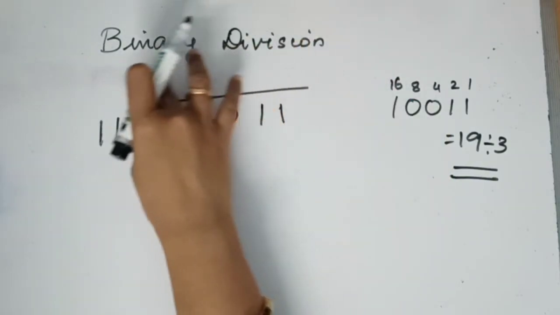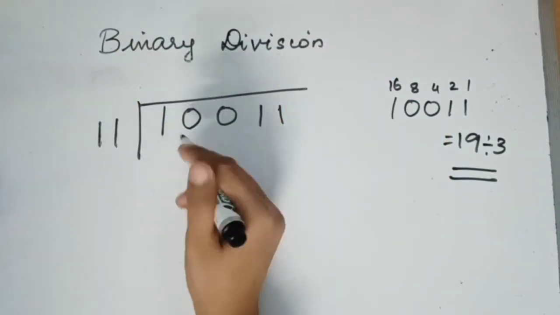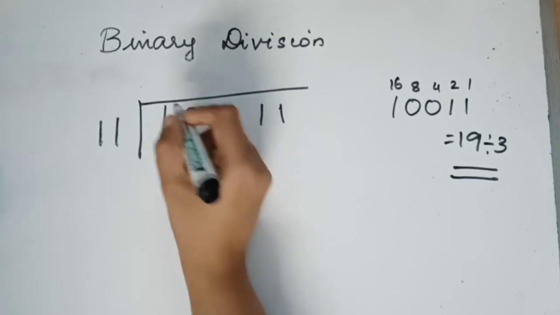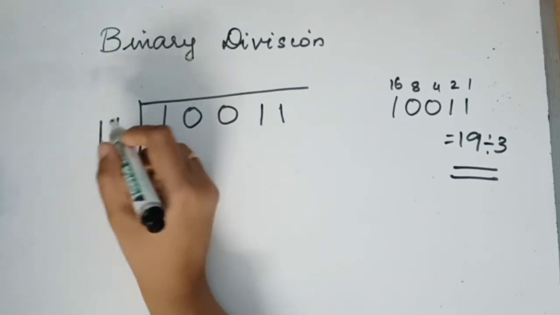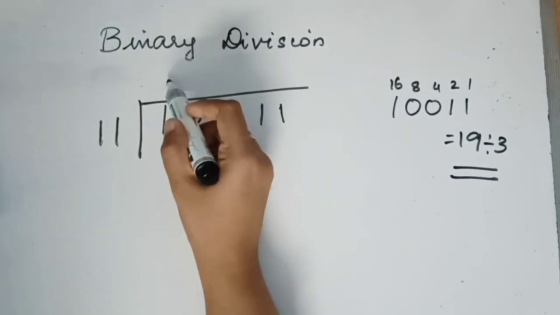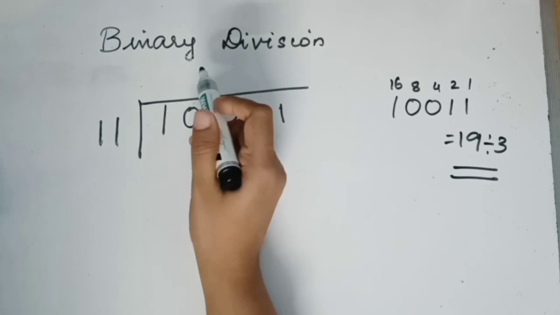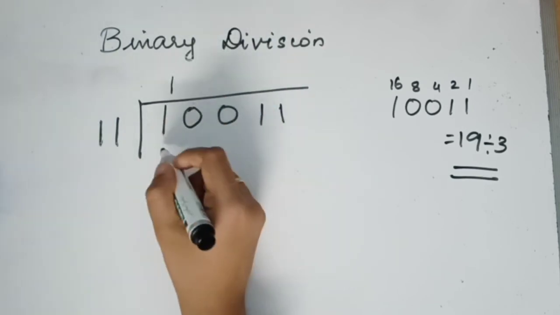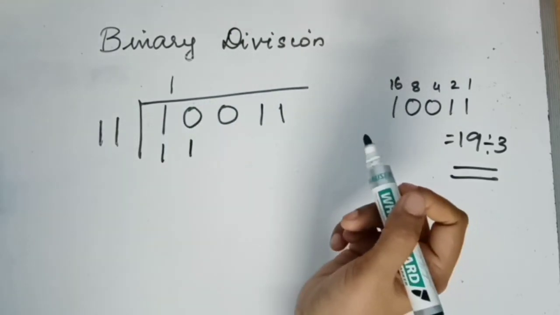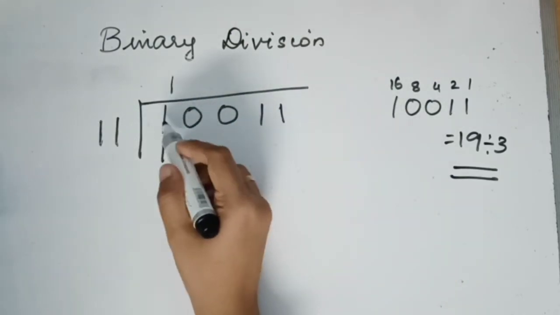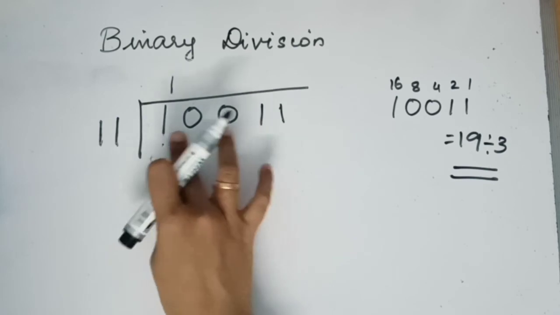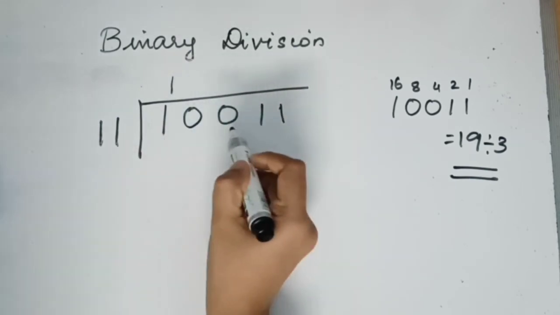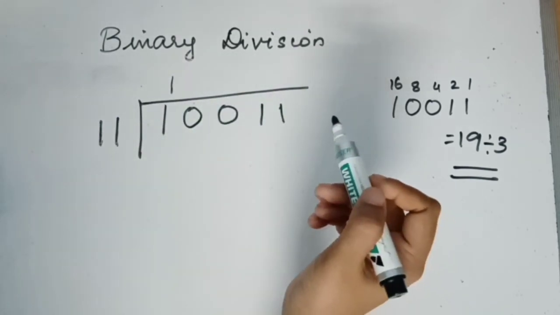You can write the quotient as only 1 or 0. So if you write 1 1 here, you can't write 1 1 here because this is a smaller number. So what you normally do is you take one more bit.